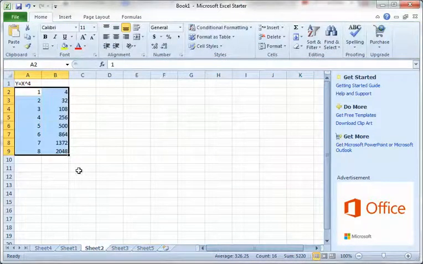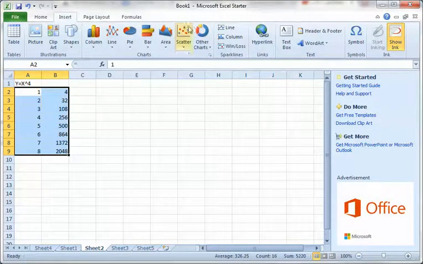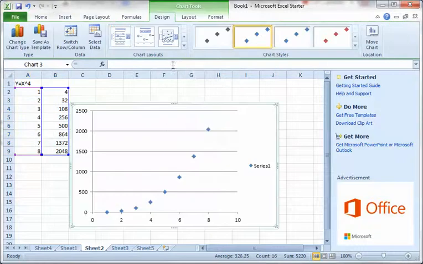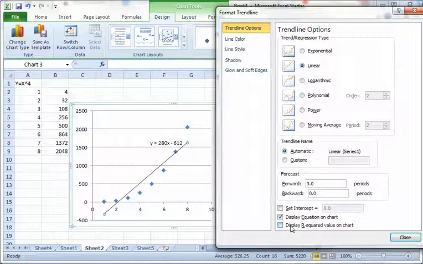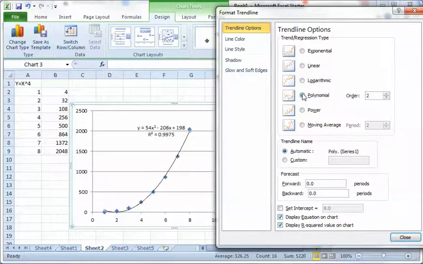y is equal to x to the 4th. Insert our scatter plot. Again, not linear. Add a trend line. We'll display the equation and r squared. We're going to start with a polynomial. Now a polynomial of order 2 doesn't fit very well, so let's try an order 3, and look at that. Again, some niggling little leftovers, tiny little numbers.